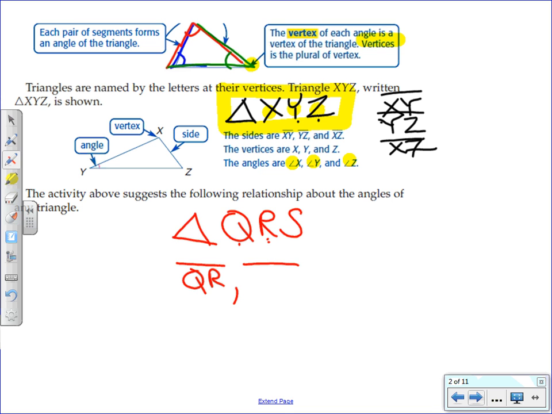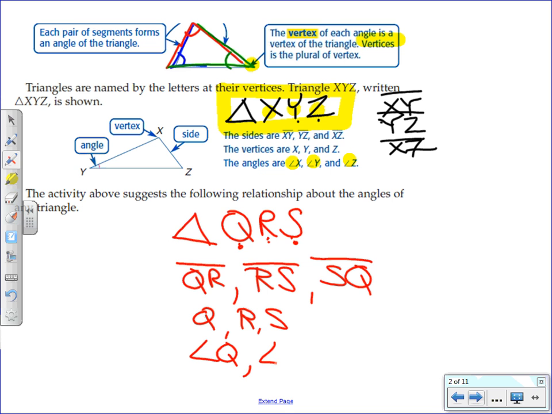It would also be RS, and it would also be SQ. Okay? What would my vertices be? Vertices would be Q, R, and S. And what are the angles? It would be angle Q, angle R, and angle S. Okay?